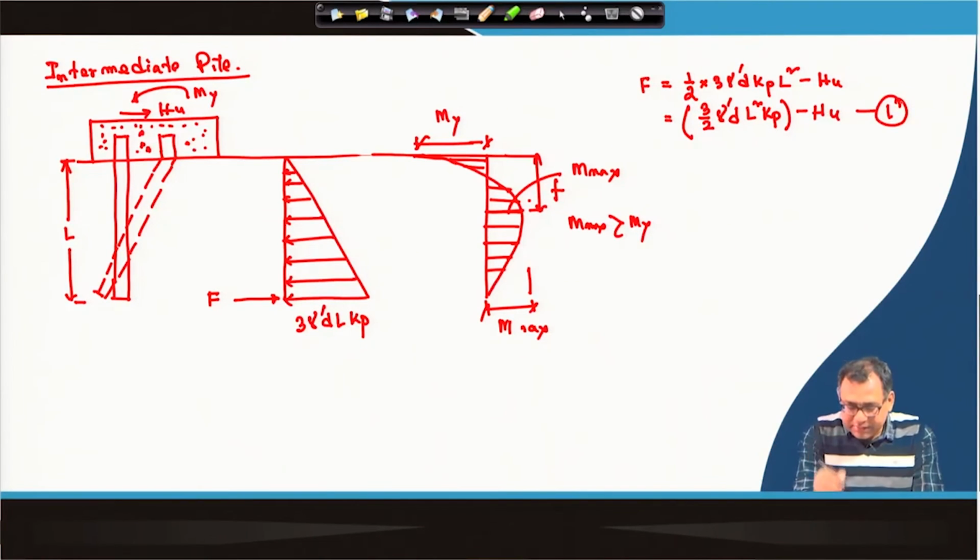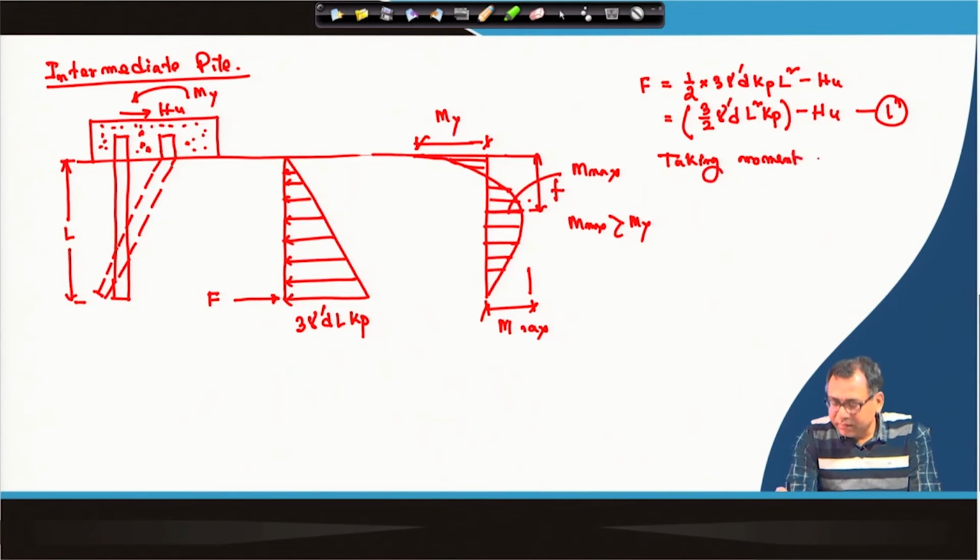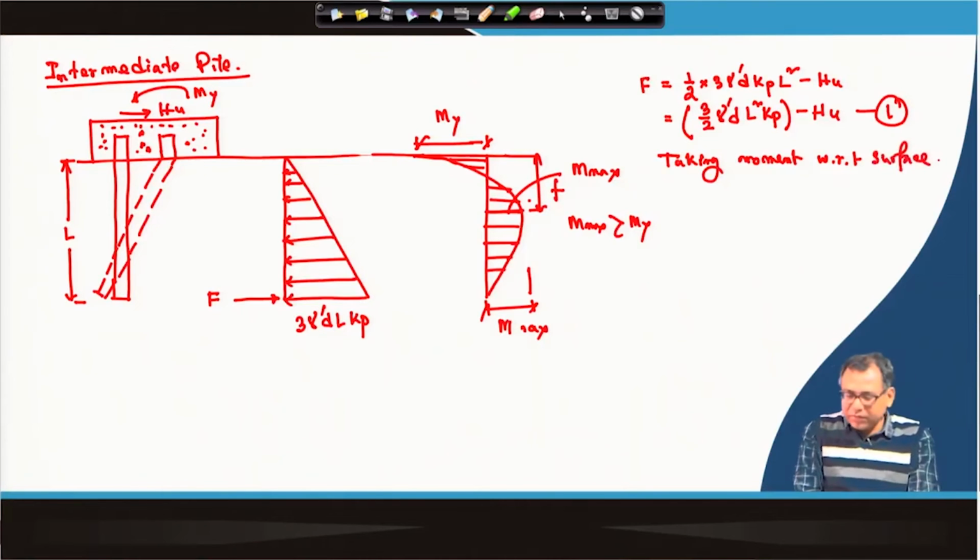Now, this yield moment will be at the top. So, taking moment with respect to the surface. What will be that moment?